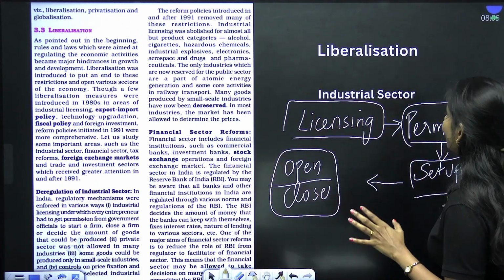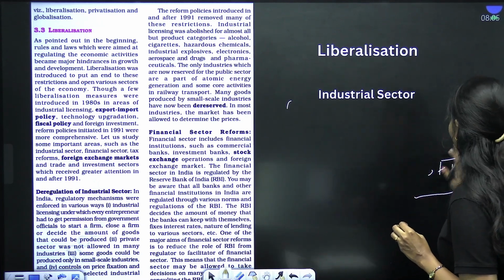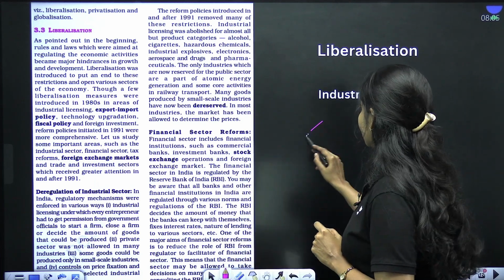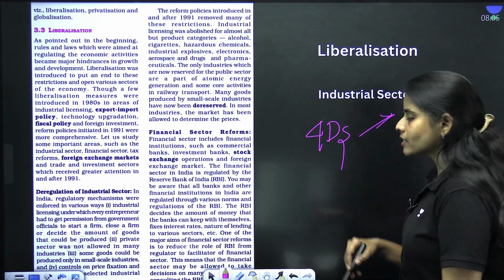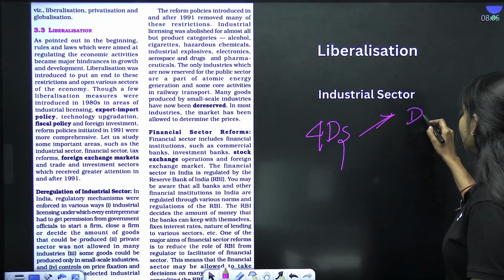But now, how did this liberalization initiatives change the setup? The only thing that you have to remember here is 4 Ds. One is the liberalization aimed at removing the restrictions in place. So it went for de-licensing.